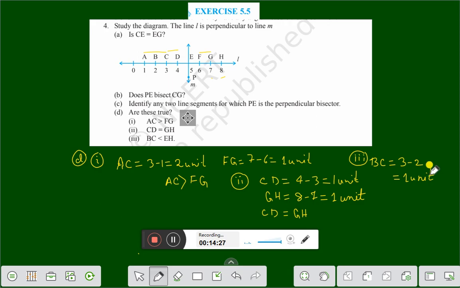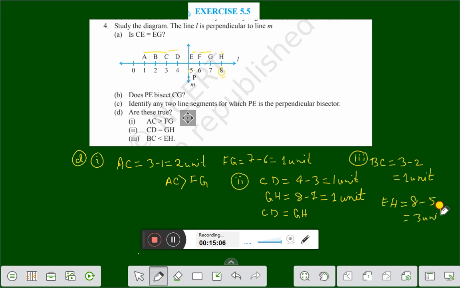Right? If we take EH, what is the value of EH? Here you see E is here and H is here. What is the final reading of H? H is 8 and the initial reading of E is 5, that is 8 minus 5, which is equal to 3 units.